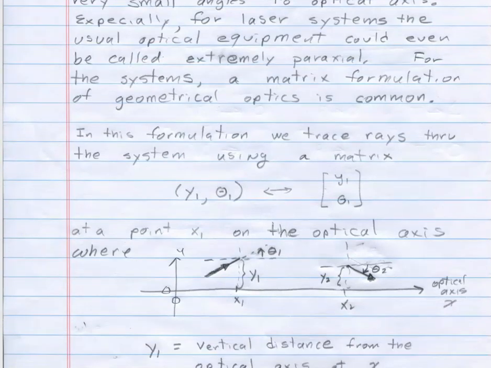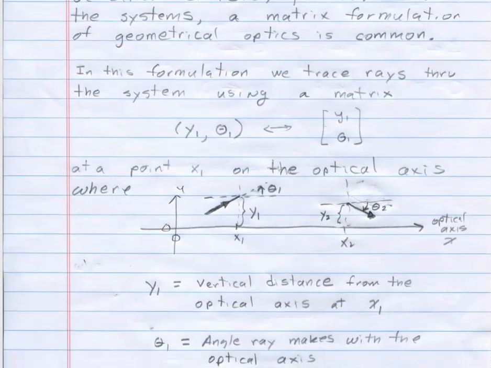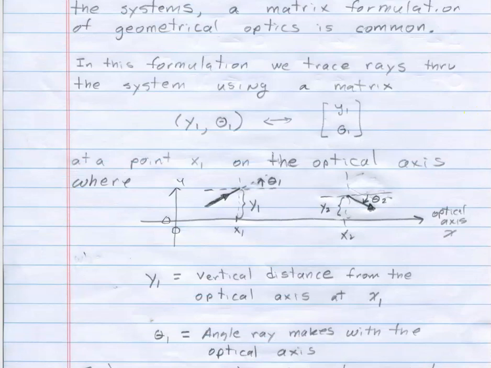Basically, what we want to do is represent and trace rays through a system using a column matrix that entails the height above or below the optical axis and the angle that the ray makes with the optical axis.